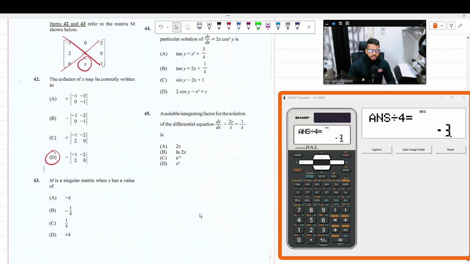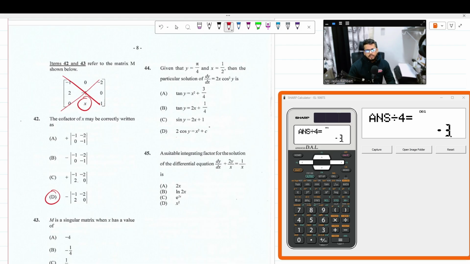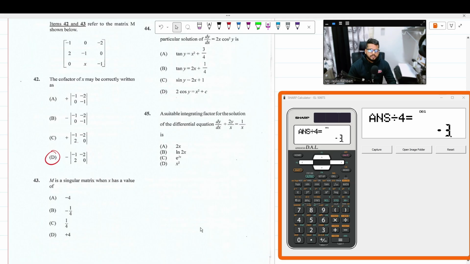M is singular when x has a value of, oh God, we've got to get the determinant of this now. All right, so let me go ahead and get the determinant of this. So it's minus 1 multiplied by 1, and that is 0, so good with that.